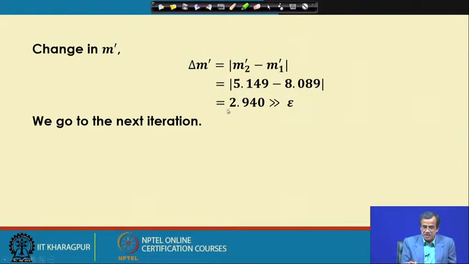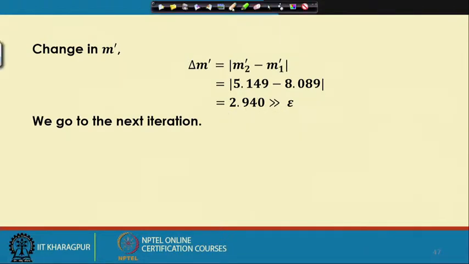So, we can find out the change in this M. Here M stands for energy, and it is found to be much higher compared to this epsilon, which has been taken to be equal to 0.001.